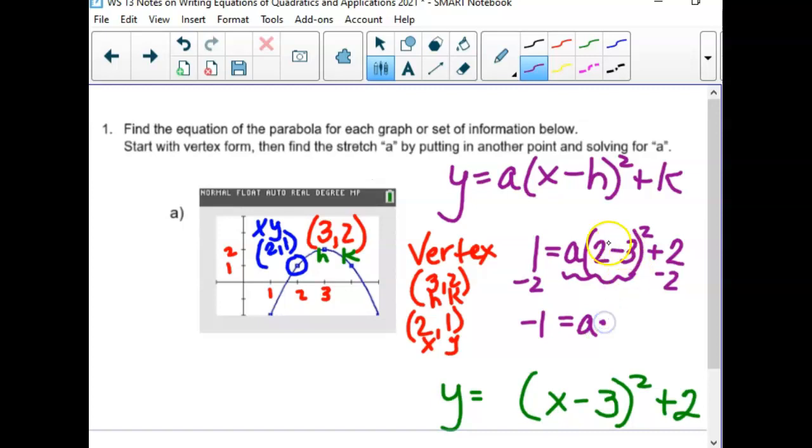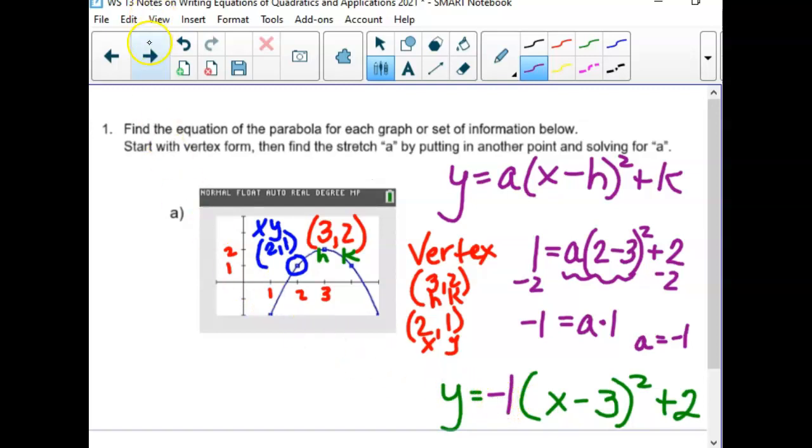And then I have A multiplied by this. 2 minus 3 is negative 1, but when you square it, you get what? Positive 1. So if I divide by 1, all I get is A is negative 1. Does that make sense for our graph? It's opening down, right? Does that negative make sense?